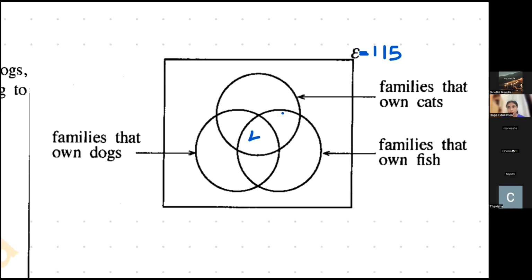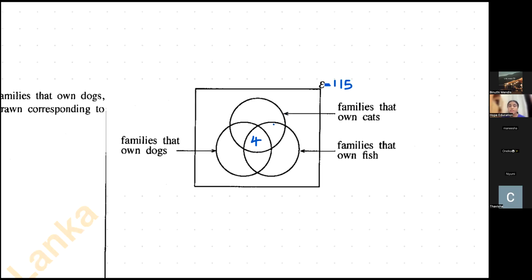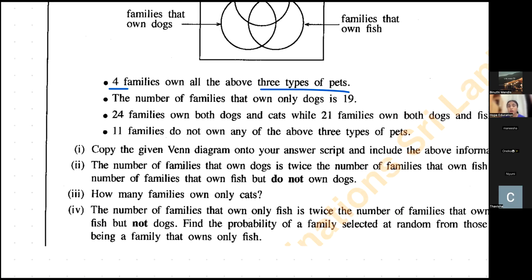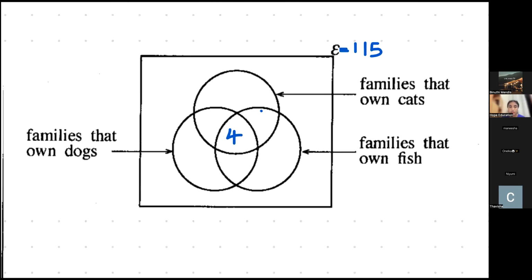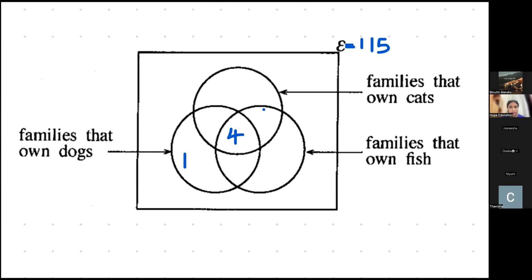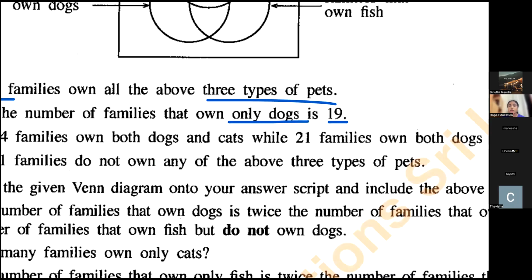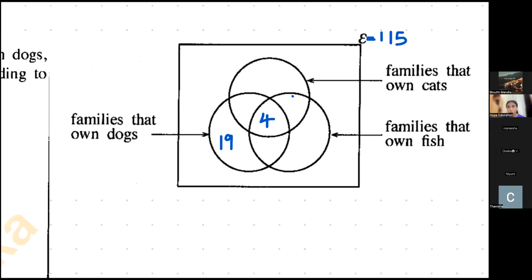Four should come here because four families have all three types. The number of families that own only dogs is 19. Those who have only dogs, the dog circle is here, so it should be here. The number is 19, so only dogs is 19. It cannot be anywhere else.